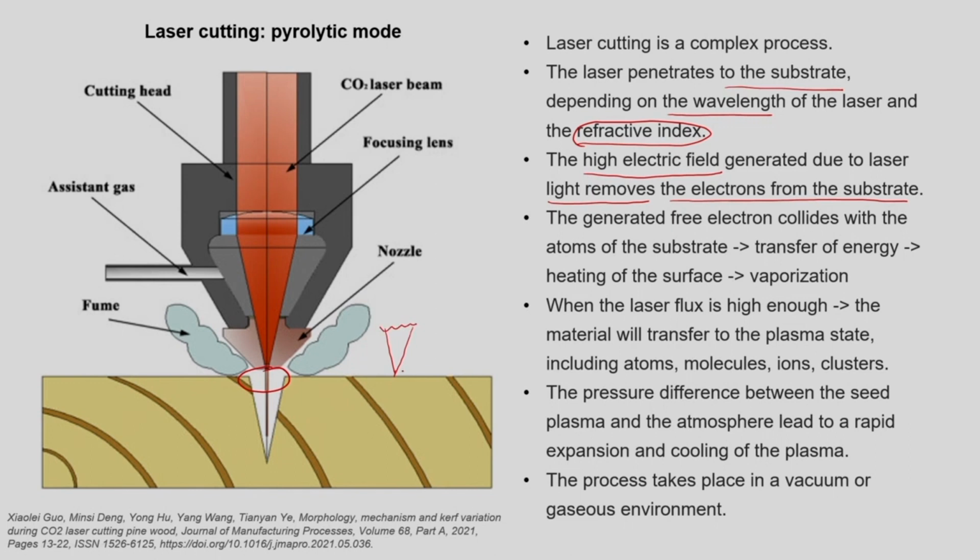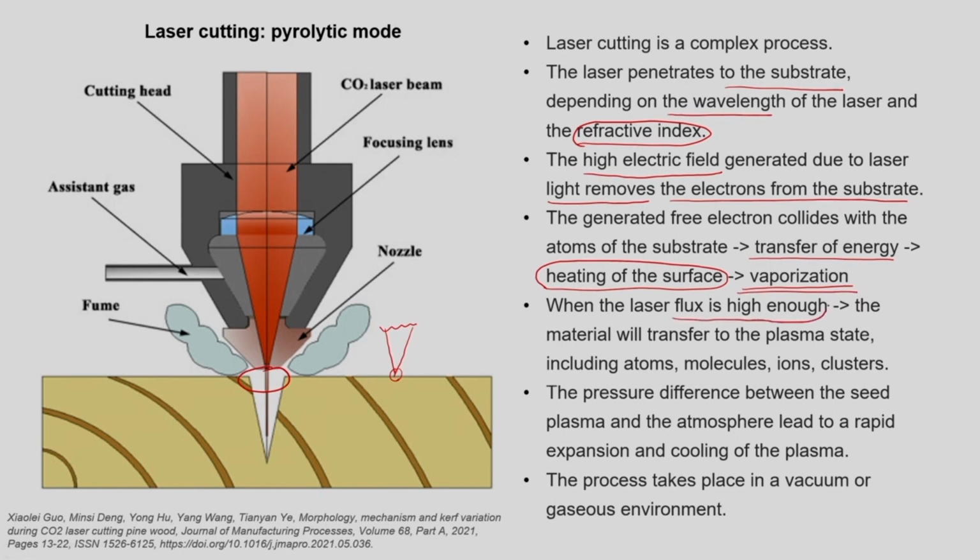These free electrons interact with the atoms and transfer their energy. Due to this transfer of kinetic energy, there is heating of the surface, and the surface getting heated up leads to vaporization of the substrate material.